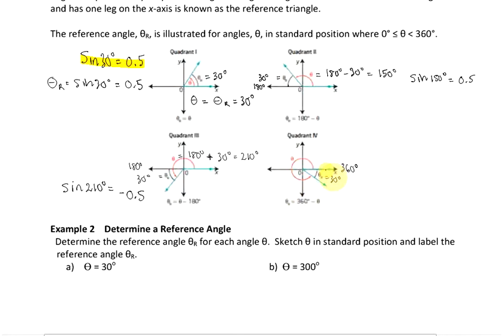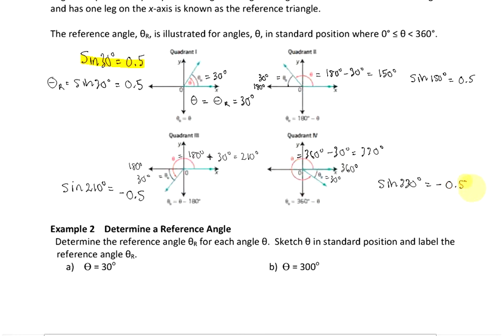So I want to find out what theta is. It's not quite a full circle, so I can work it out by going 360 minus 30 degrees, and I get 330 degrees. And I want to see what the sine of 330 degrees is. So I get my calculator out and I find that it is negative 0.5.